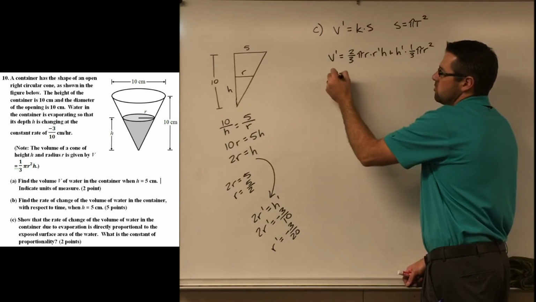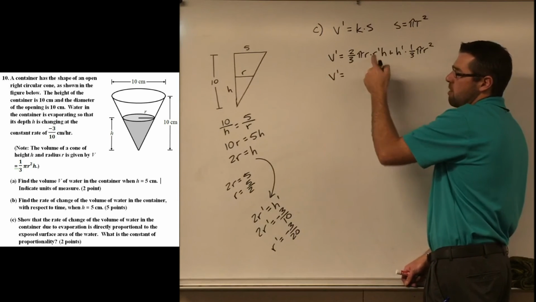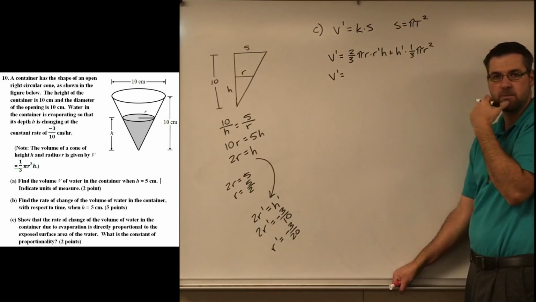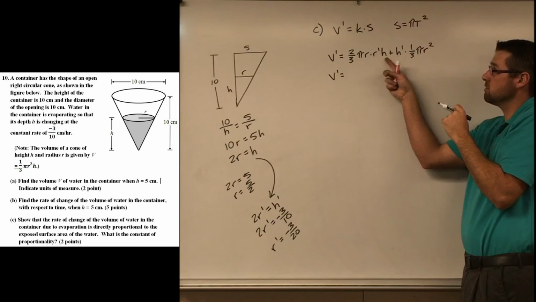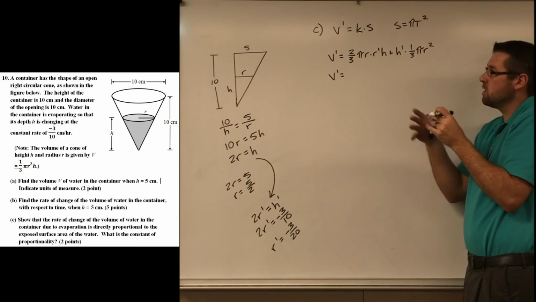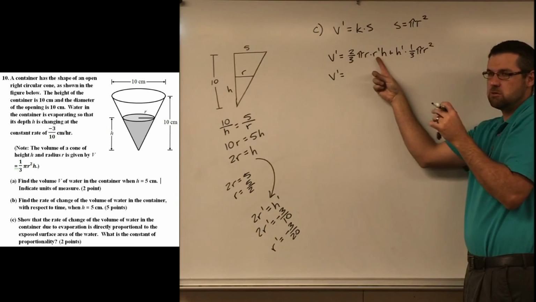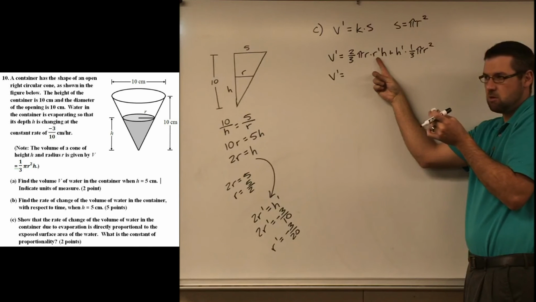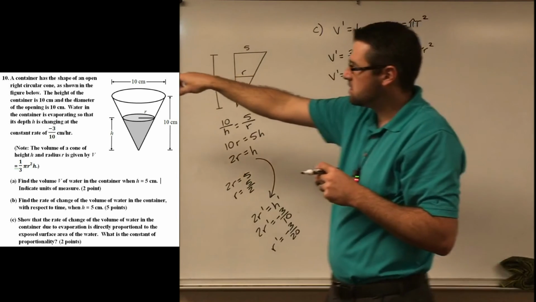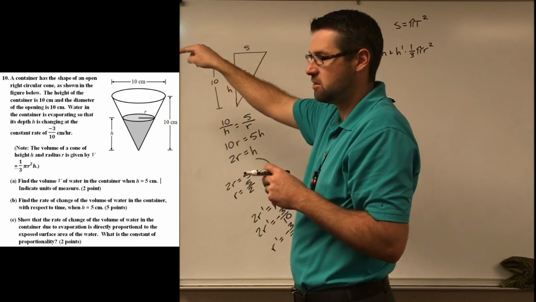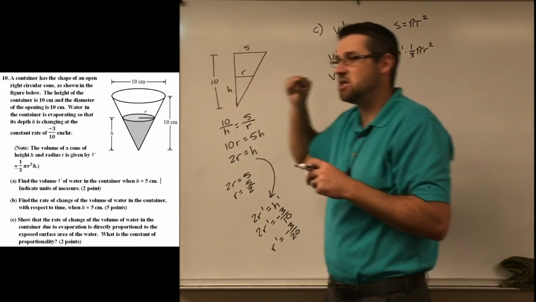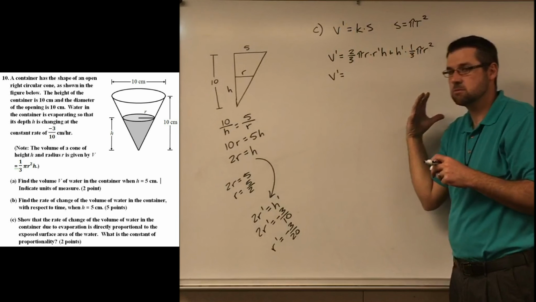Well, we don't know. Remember, the radius is changing over time, right? It's getting smaller, and the height is getting smaller. Is r prime changing? No. Well, look at what it says. It says the height is changing at a constant rate. So that means h prime is a constant.